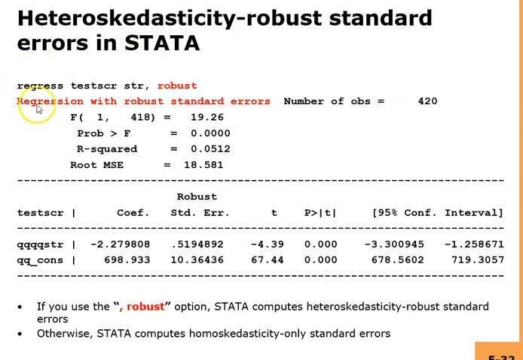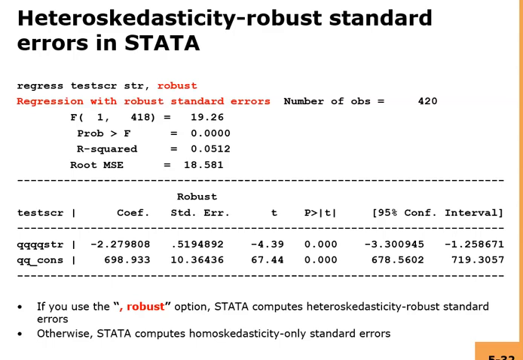So whenever you are doing any sort of regression, just type in comma robust at the end of that regression in order to deal with this problem once and for all, and don't worry about whether the data is homoskedastic or heteroskedastic. If there is heteroskedasticity, then the heteroskedasticity-robust standard errors will be very different from the ones calculated from the homoskedasticity-only formula. But if there is no heteroskedasticity, then the standard errors calculated from both formulas will be pretty much the same.